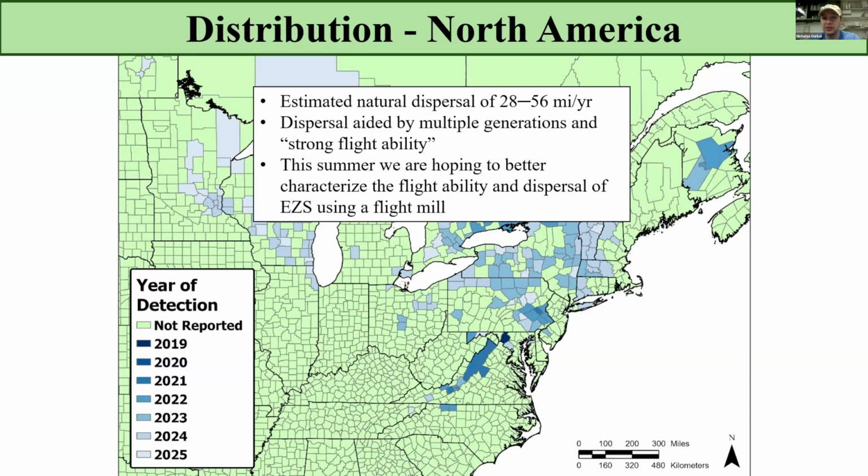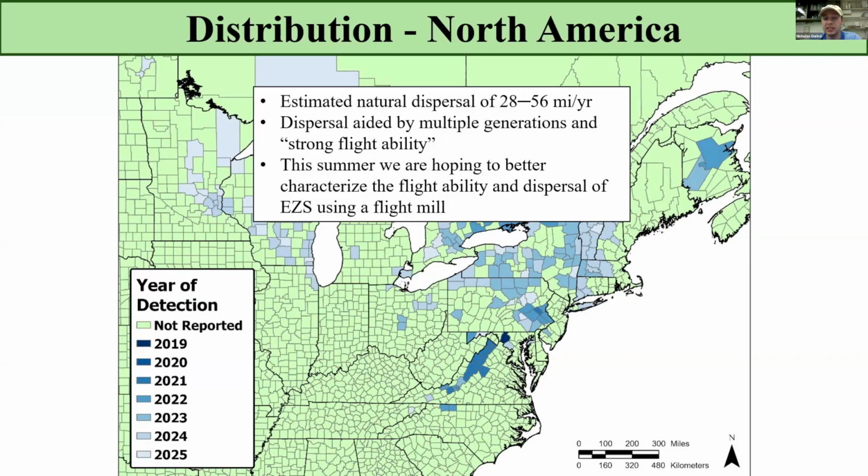It kind of isn't clear. So another aspect of Elm Zigzag Sawfly that has been discussed in the literature but never really officially validated is their strong flight ability, which kind of lines up with this large dispersal rate. But this hasn't actually been experimentally validated.